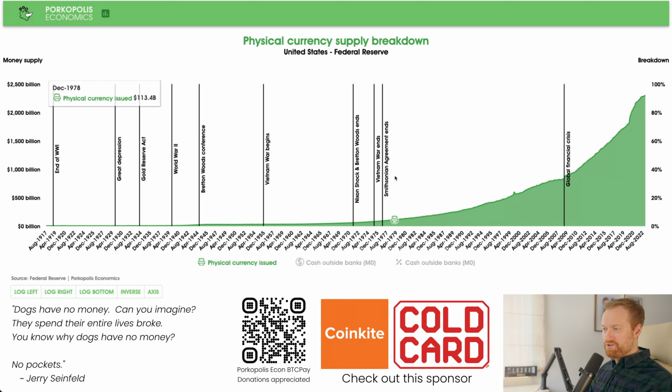But today we're just going to look at the dollar, the physical cash, the physical currency supply, and try to understand it a little bit more, how it forms the basis of the money supply, the currency that the public holds and uses and works with every day in the economy.